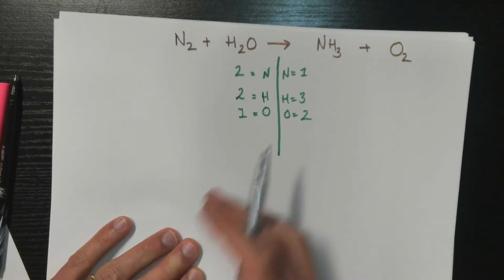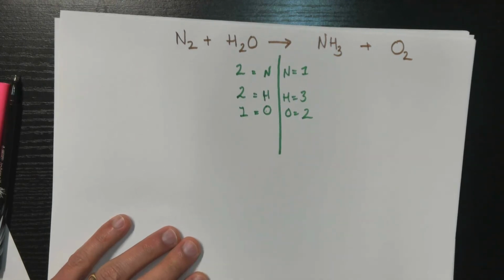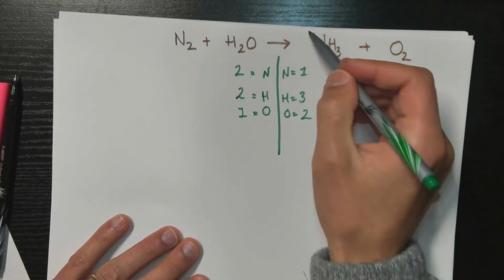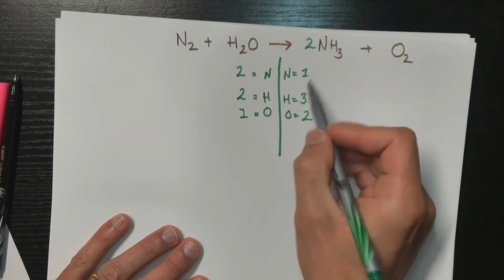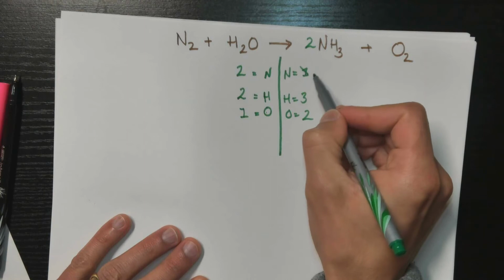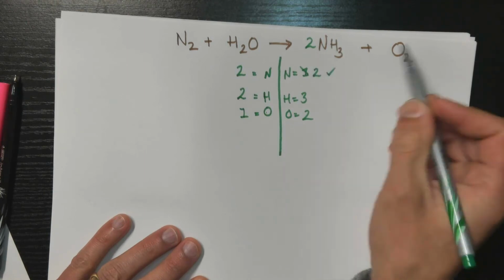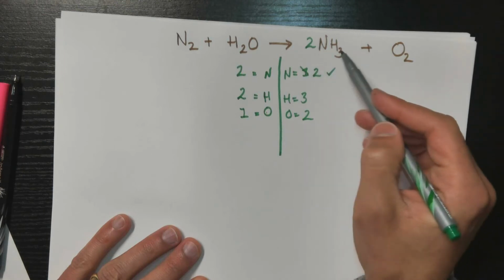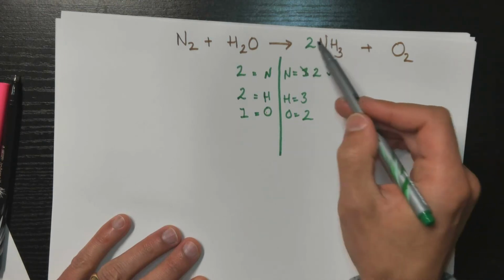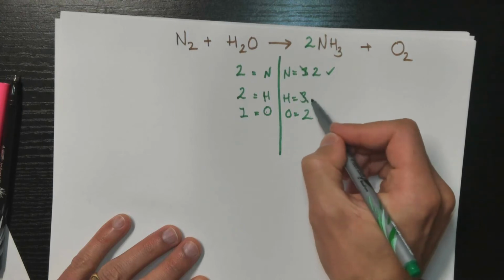Okay, first step, let's just start up at the top. Let's start with nitrogen. Let's balance the nitrogen on the right by putting a 2 in front. Okay, that's balanced. Now remember, I want to update the hydrogen as well. So 2 times 3, not 2 plus 3, but 2 times 3 is 6.